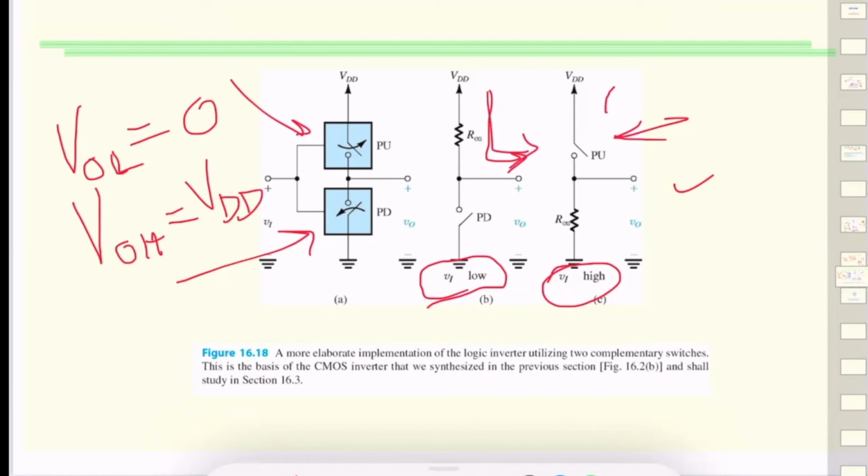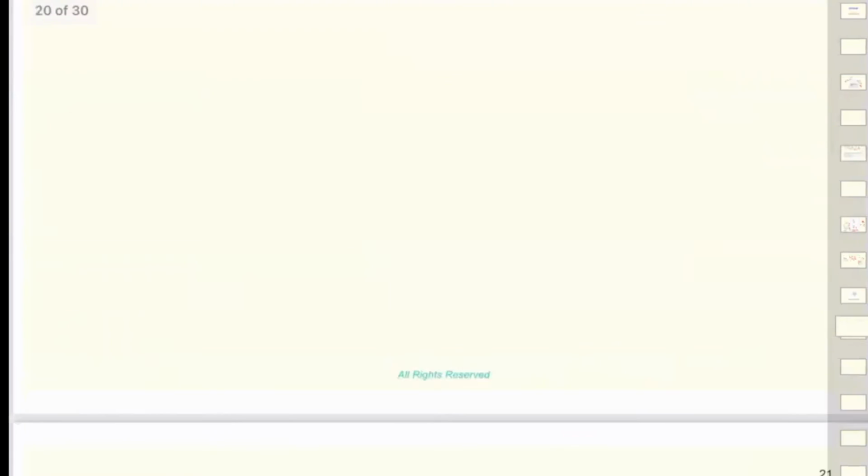In the same way, we can find the small resistance that shows up when we are doing this. So let's do an exercise and look at a few implementations.